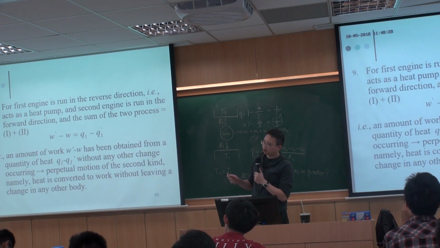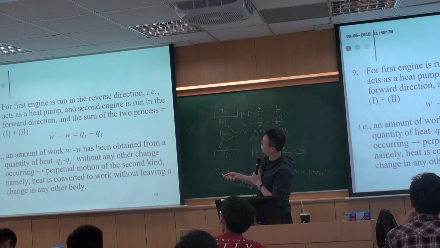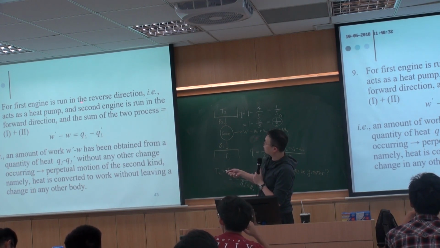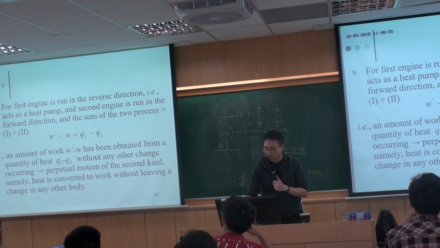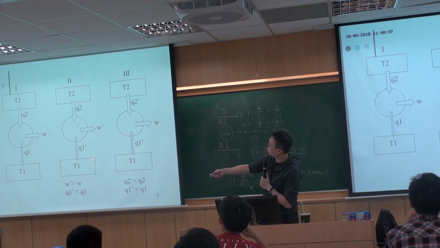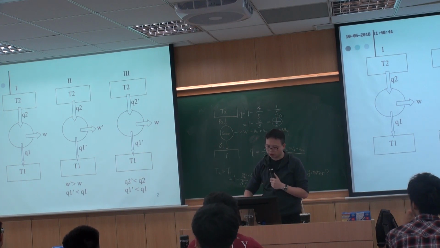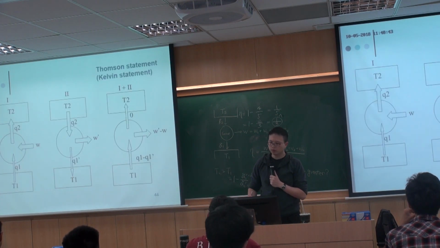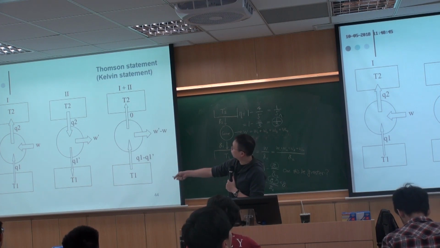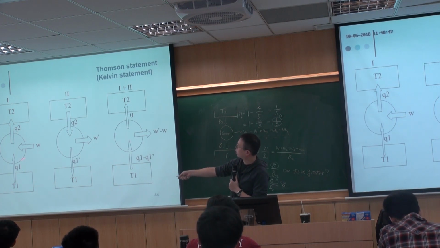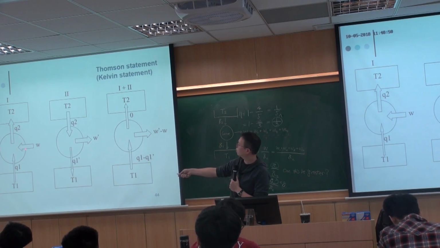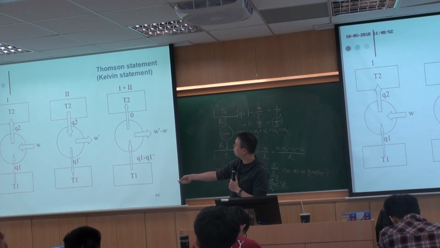However, if we reverse the original engine, and then combine that with this one, which is more energy efficient than the Carnot cycle, then we'll start to see something weird. This is the first one, but it is running in reverse. So this is still the Carnot engine.